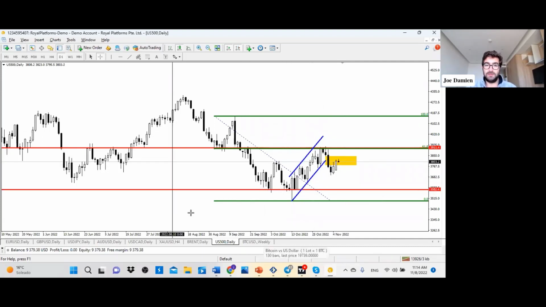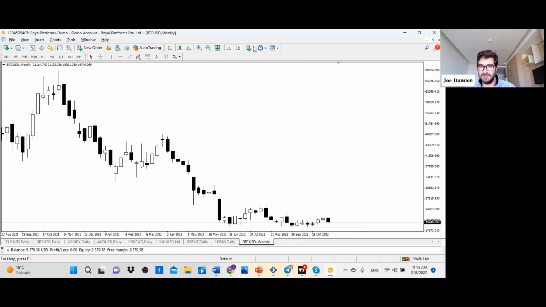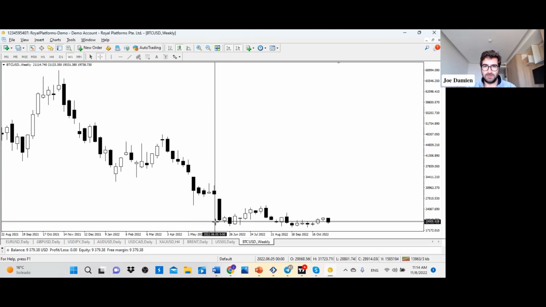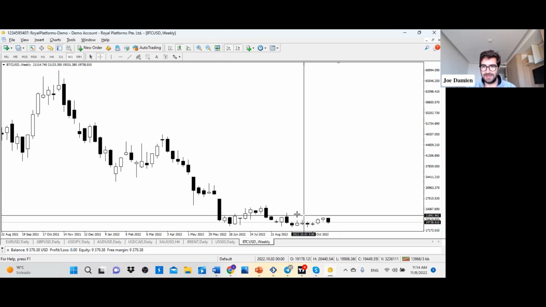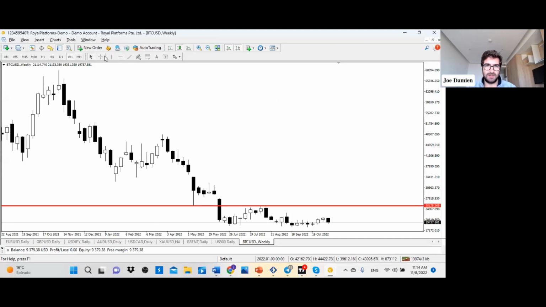Finally, we have the BTC USD. Let me remove all these lines. We are in a key downtrend. Lower highs, lower lows, until here the market entered a kind of channel, or a range that the market could not break to the downside.